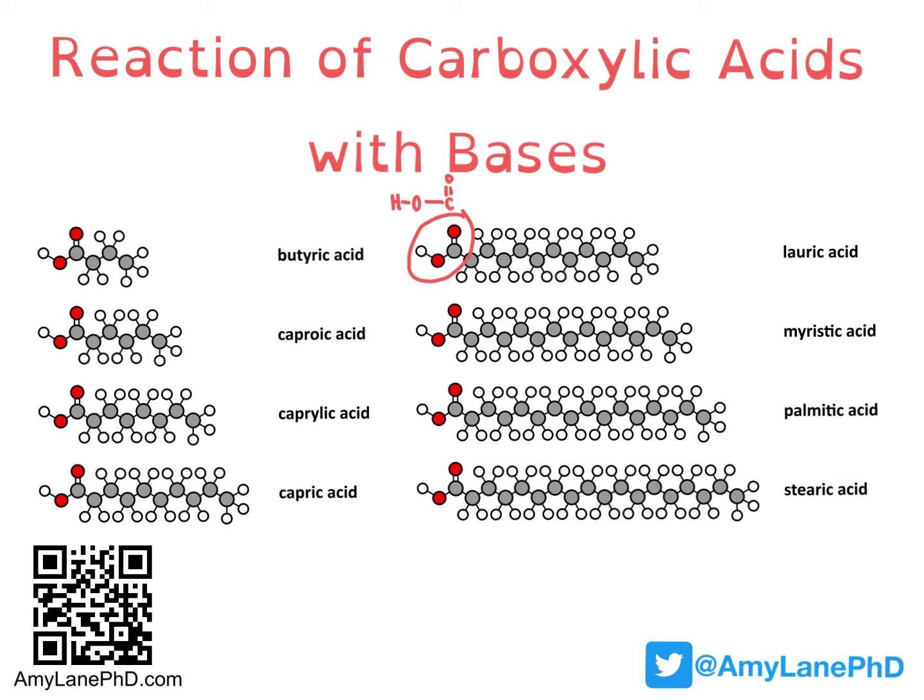One of the key properties of carboxylic acids that we need to focus on is the fact that, unlike most organic molecules, carboxylic acids, as the name acid implies, have a readily ionizable functional group, and that's COOH. In other words, this proton here, the COOH proton, can readily be lost when reacting with a base.